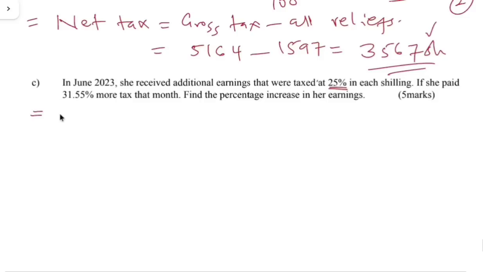Sawa paka hapo. So what you do, mwanzo watafuta ile tax yako mpya, in which your new tax itakuwa ile tax tuliyopata ni 3,567 times by the 100 plus 31.55, okay, which gives you 131.55%, in which percentage gani itakuwa kama hivi tu, so itakuwa divided by 100, so itakuwa 1.3155.